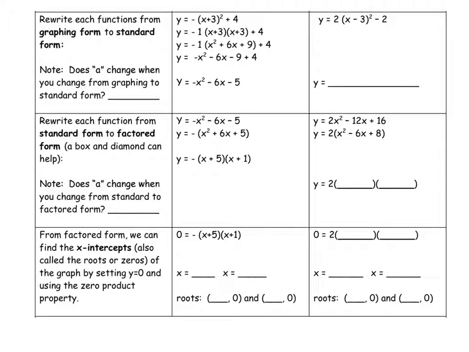The next thing we want to work on is getting our equations from vertex form into standard form, so all the way multiplied out. The biggest thing here is making sure that you are careful about what to do where. A lot of people want to distribute this negative into the parentheses. You can't do that because our order of operations says we have to deal with parentheses, then exponents, then multiplication, then addition.